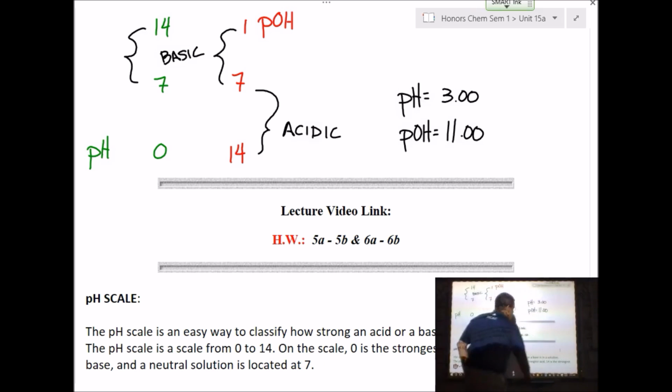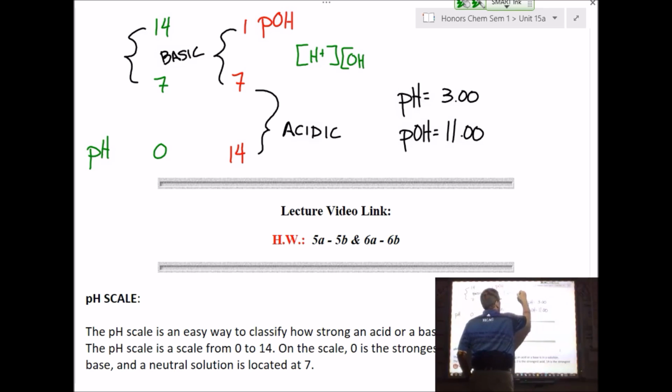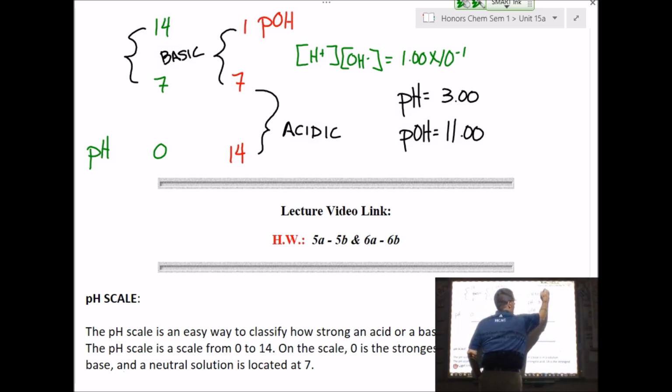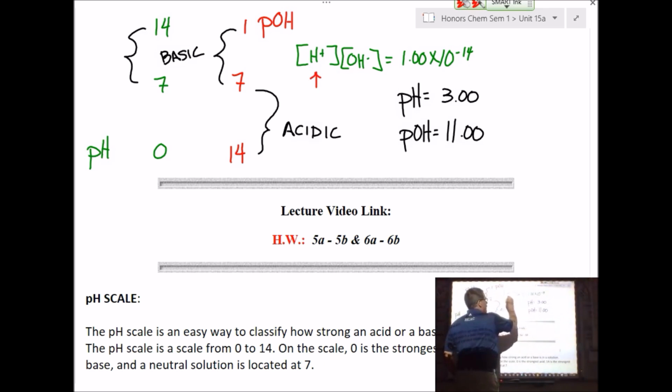The reason why it does that is what we did on Tuesday, I believe, where we have hydrogen times hydroxide equals, do you remember what it equals? Negative 14, yeah. So as one of these values goes up, the other must go down to maintain this.